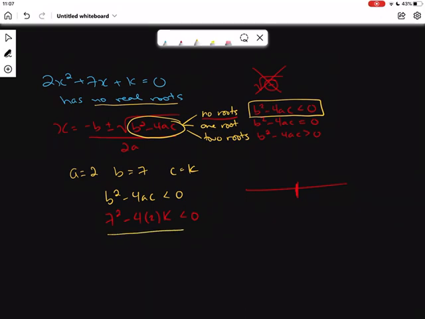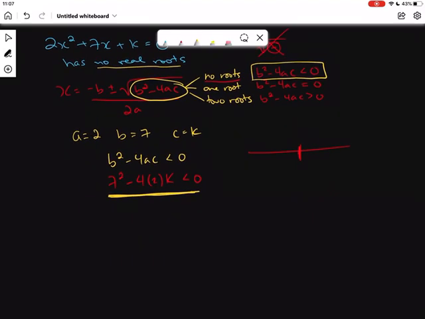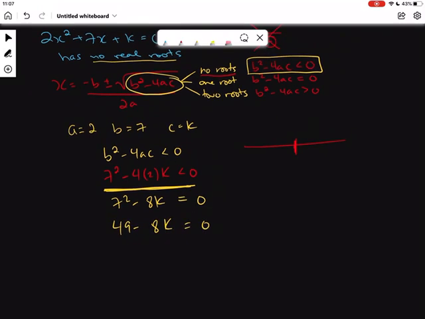So in this example, what we're looking for is that boundary point. And that boundary point is going to take place when I set this inequality as an equation and solve for k. So I'm going to ignore the inequality sign and just say equals instead of less than 0. I have 7 squared minus 8k is equal to 0. So that's 49 minus 8k is equal to 0.